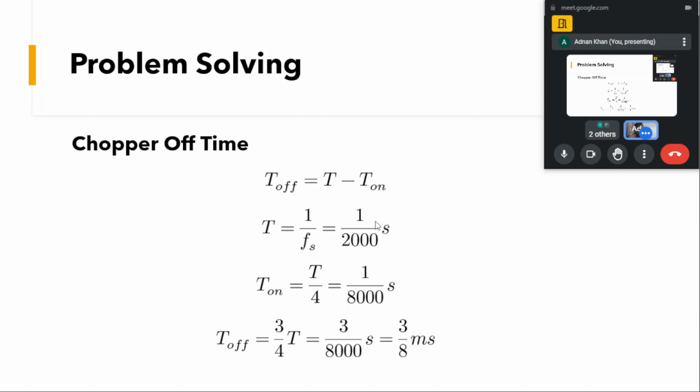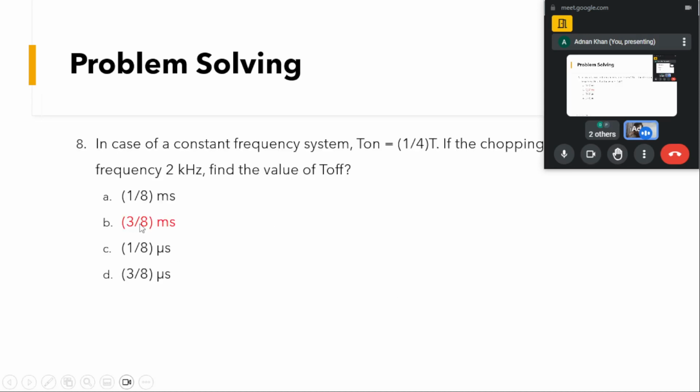If you do 1 by 4th of 1 by 2000, we will get 1 by 8000, which is the T on time. What we had to calculate is the T off time, and if you substitute these values in the first equation, T off will be 3 by 4th of T, that is 3 by 8000th of a second, or 3 by 8th of a millisecond. Therefore option B is correct for this.